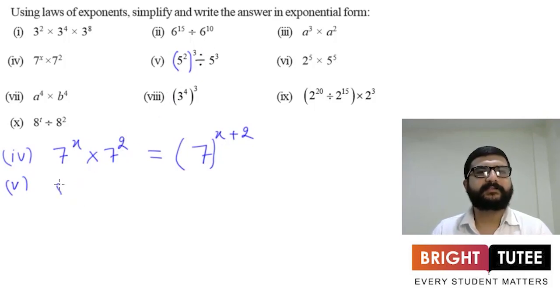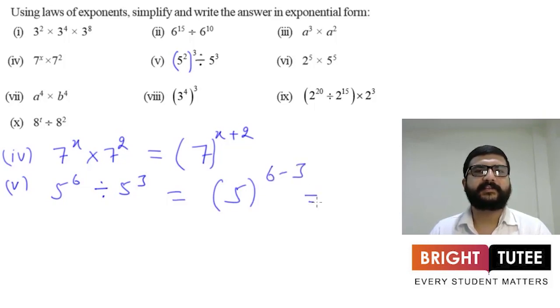So here this will become 5 to the power 2 into 3, that is 6, divided by 5 to the power 3. Now we are dividing two powers with same base. So what we will do now, we will keep the base same and powers will be subtracted. So this is 6 minus 3. Now this will give us 5 to the power 3.